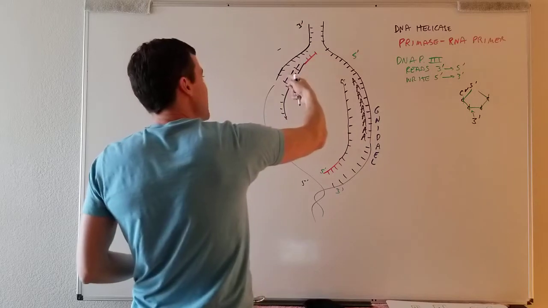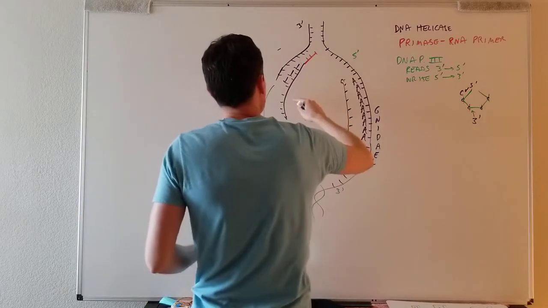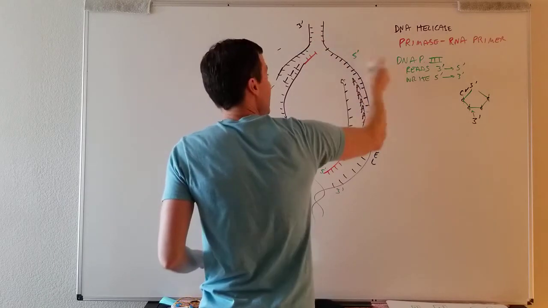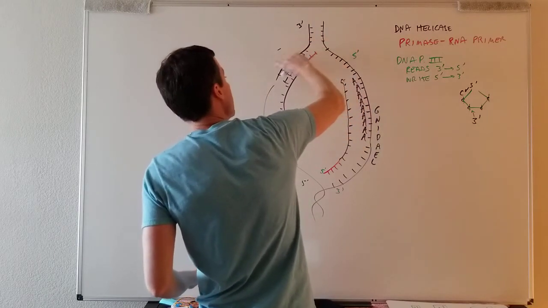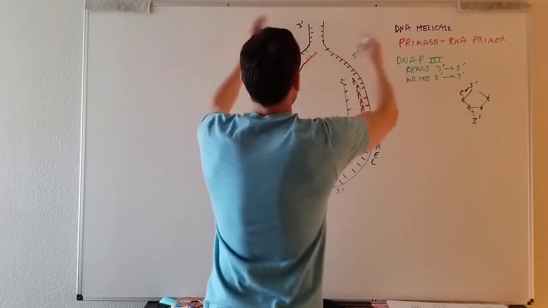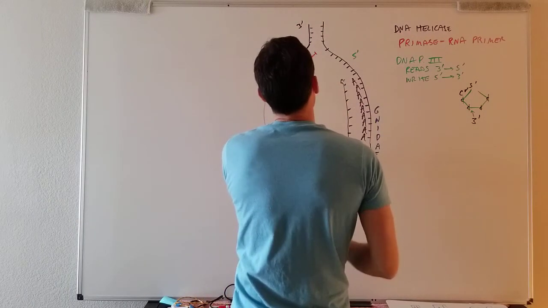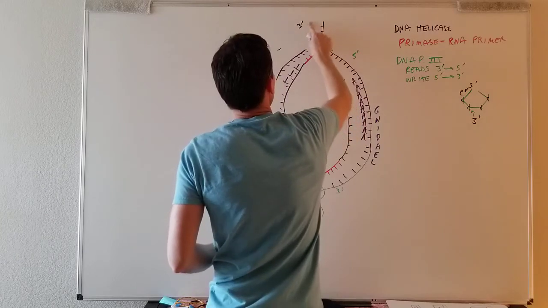However, on this side, it's different. On this side, what happens is my DNA polymerase 3 lands right here, and it starts moving downwards. Once I unzip more, now my DNA polymerase is down here. Let's say I unzip a little bit more DNA up here.